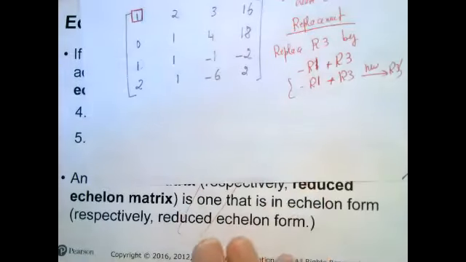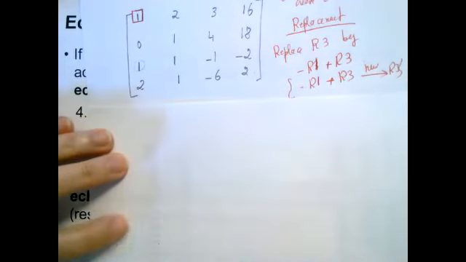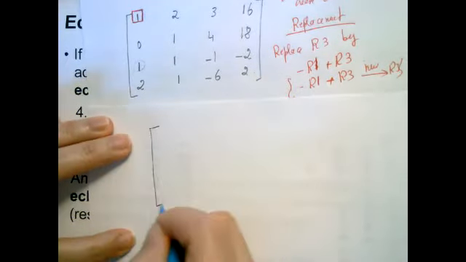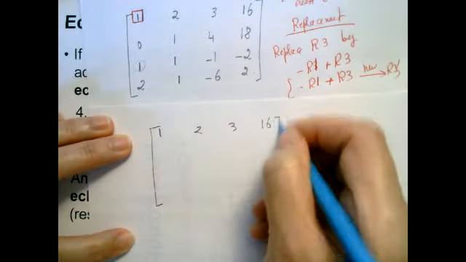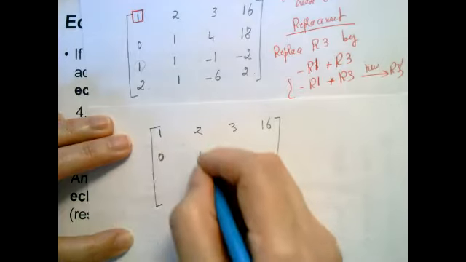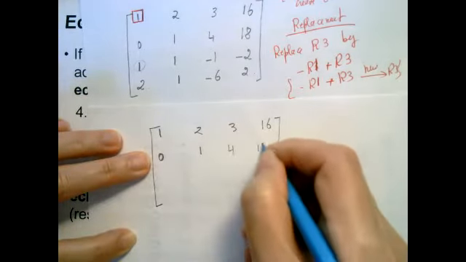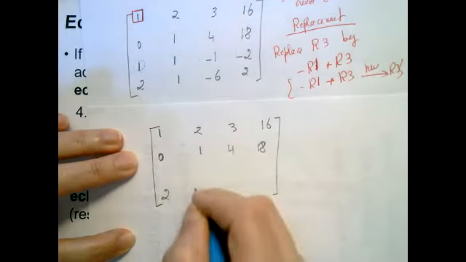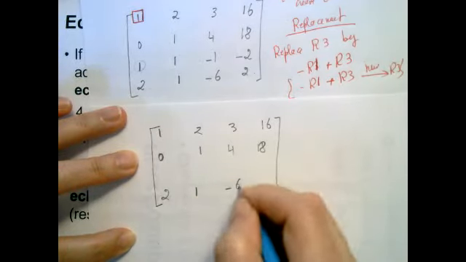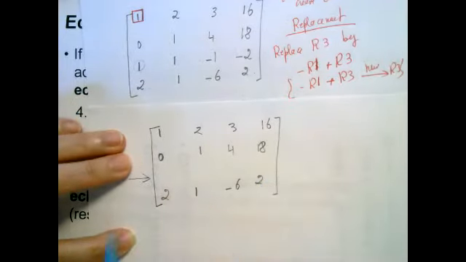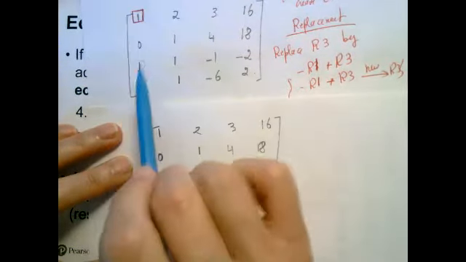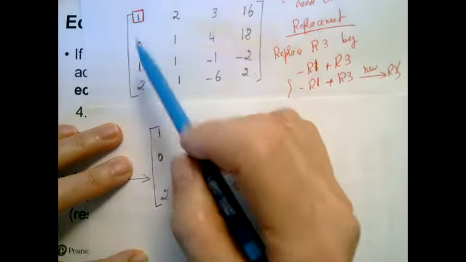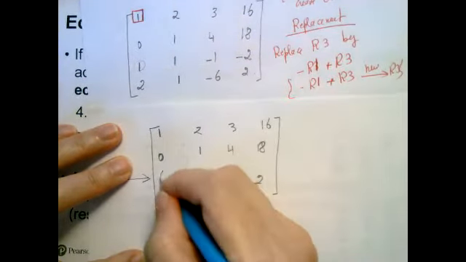So I pick up another piece of paper and I will do this operation, so all of you can see it clearly. Now what I'm going to do: 1, 2, 3, 16. I'm not touching the second row because I have a 0 in here. I'm not touching the last row, sorry. It's this row that I'm going to replace, by minus the first plus that. -1 plus 1, that's a 0.